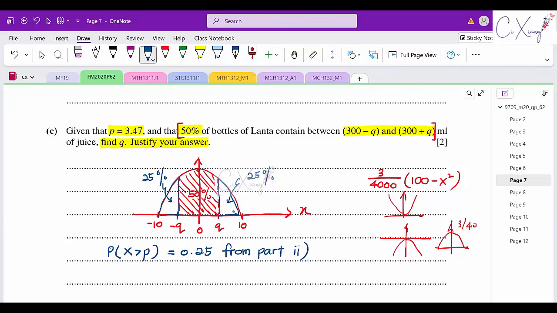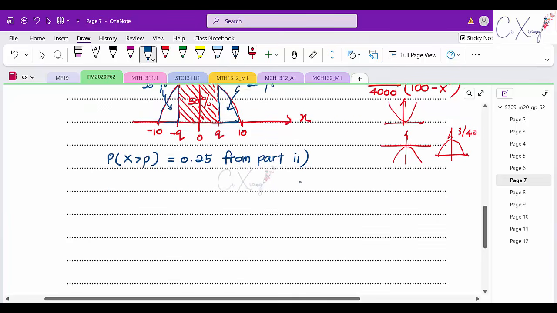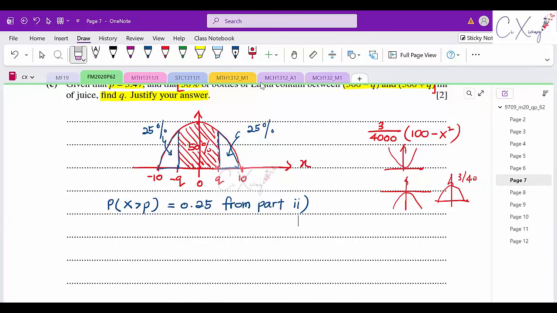Yeah, so from here you actually can see that Q and P should be the same thing, because when I look at this diagram, the probability of X greater than Q is also 25%. Correct? Okay, so you can make a conclusion from the diagram here.